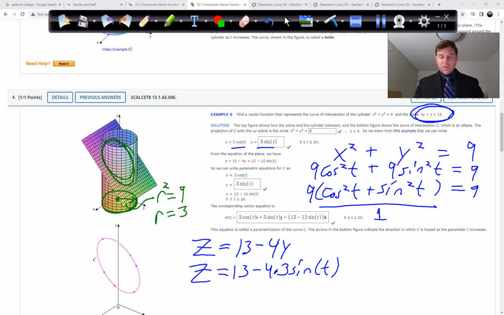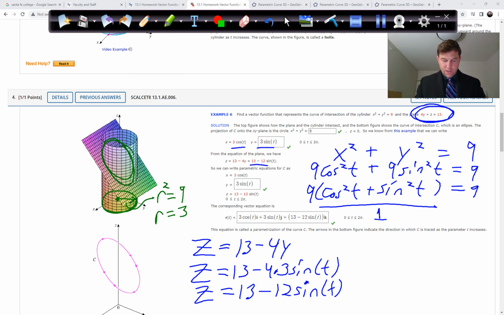So we're trying to find what's called a parametric representation of this curve in Cartesian coordinates, x and y, by doing this substitution here. So we're going to get z is really 13 minus 12 sine t. And that's what they show here.